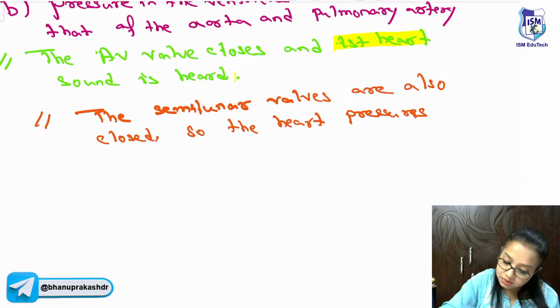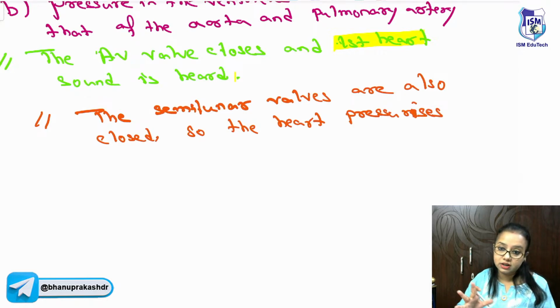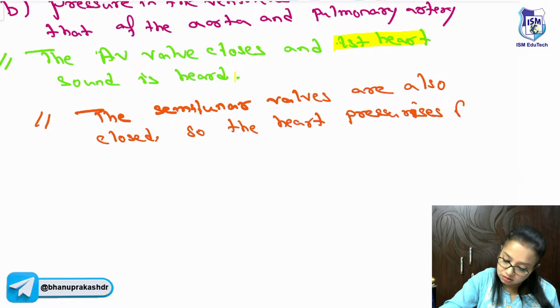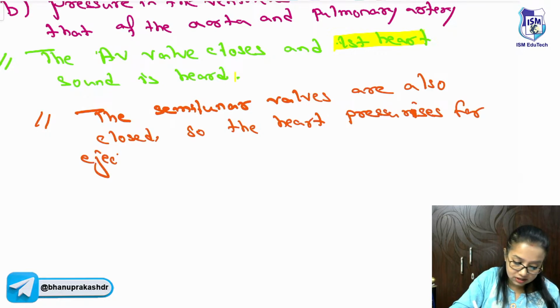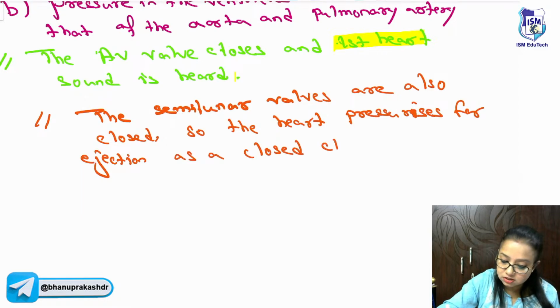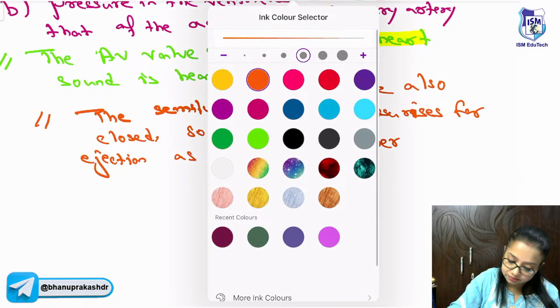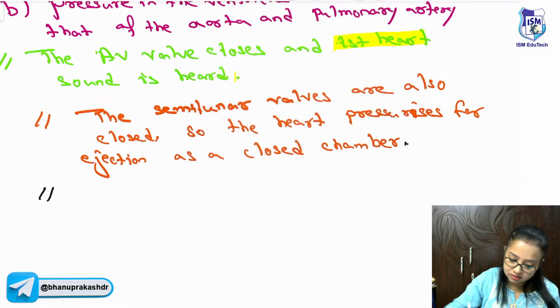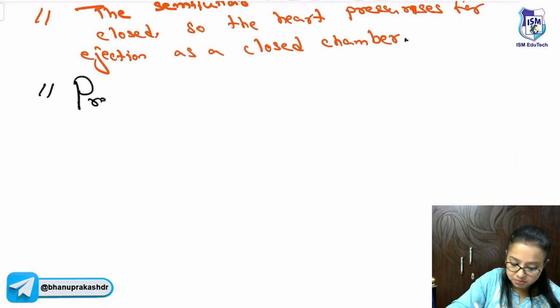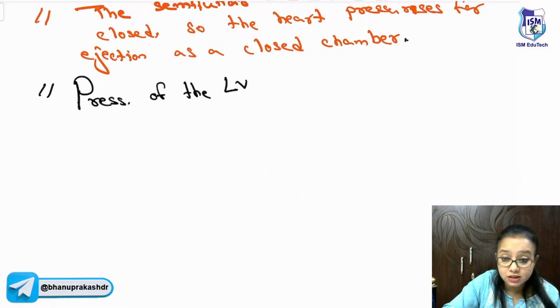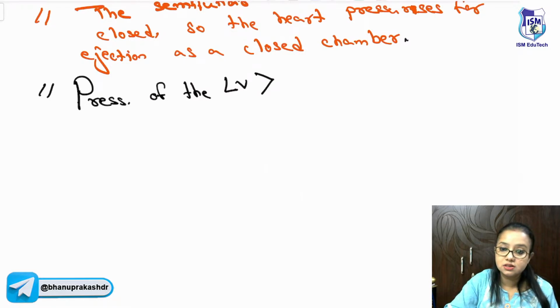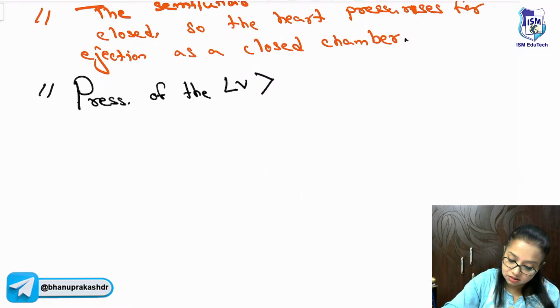the heart pressurizes. Pressurizes means it contracts, it pushes for ejection as a closed chamber. So when this is happening, the pressure of the left ventricle increases to more than 80 mmHg.